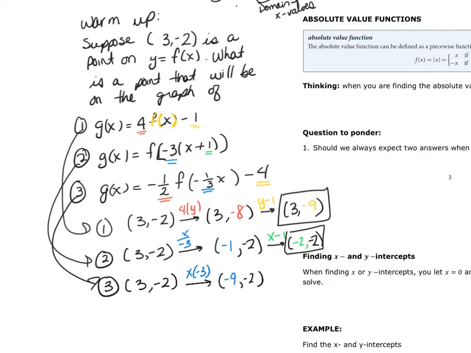So now that I've done that, I'm going to come outside, and that means I'm going to multiply by the y value. So -9 is not changing, and my y value is going to be multiplied by -1/2. So I'm going to take -1/2 and multiply it by y. When I take the -1/2 and multiply it by my y value, I'm going to get a +1.